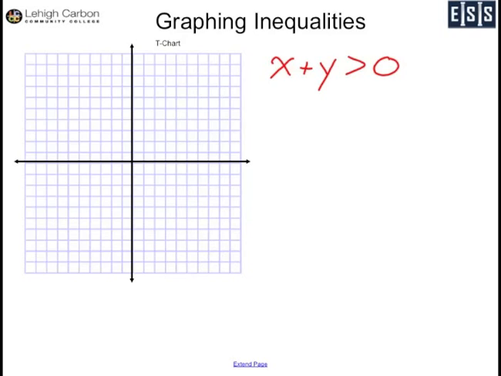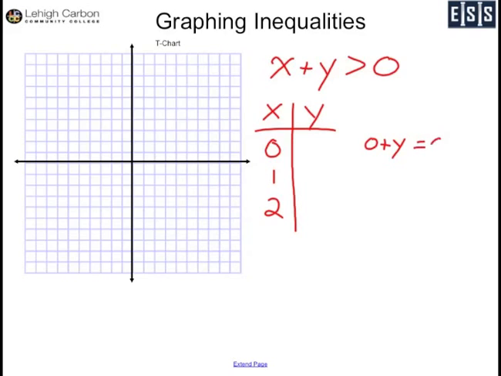First we have x plus y is greater than 0. This one I'm going to graph via a t-chart. For my x values, I can pick anything I want. I like 0, 1, and 2. So 0 plus y equals 0. What is y?